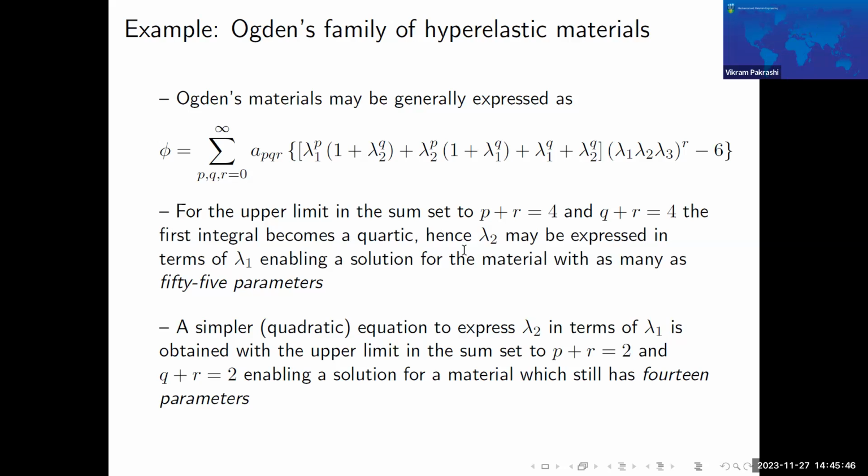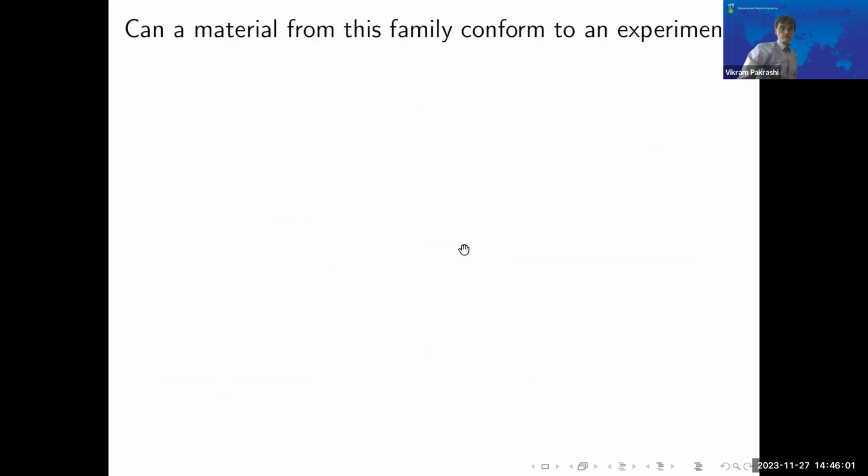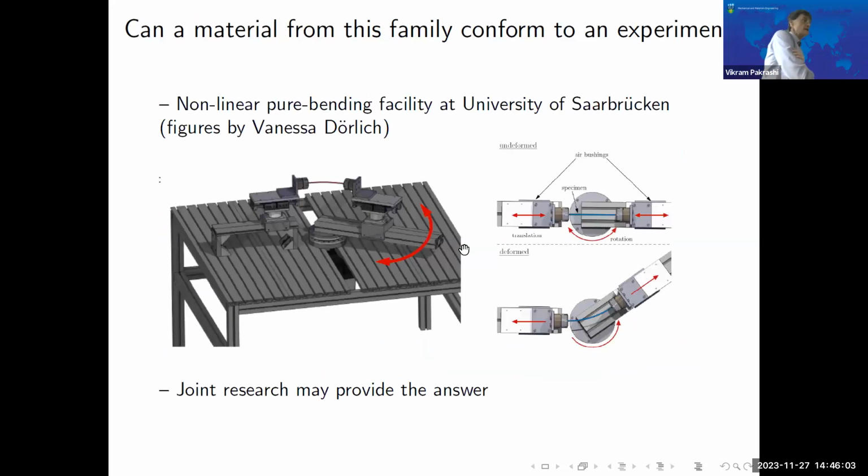And we can now think back to whether we can use a certain experimental measurement to see whether it really fits with our material. Now, this is a facility that exists. You may know about this.